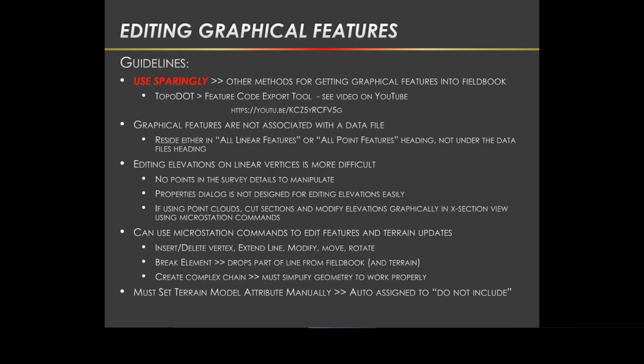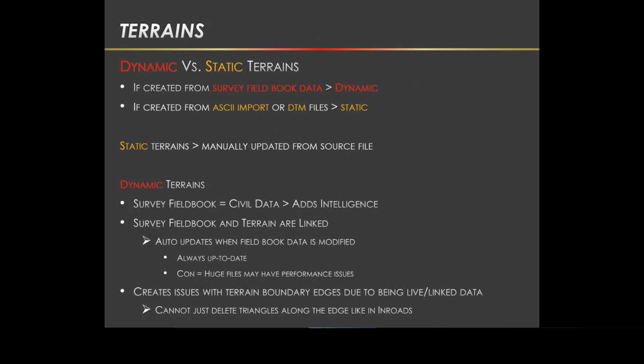If you do determine by feature definition, of course, it's going to automatically apply whatever we have set in the feature definition. So those are just some quick guidelines on the three different types of features: dynamic link, point list, and guide and graphical features, and things to keep in mind when you're making these edits.